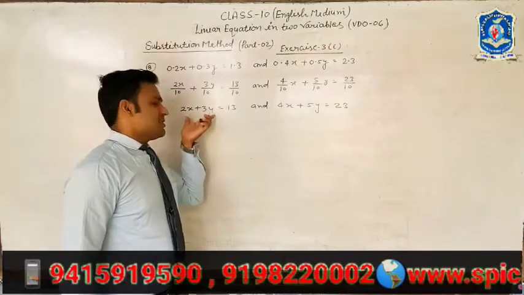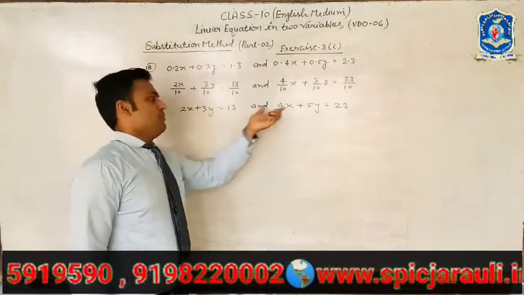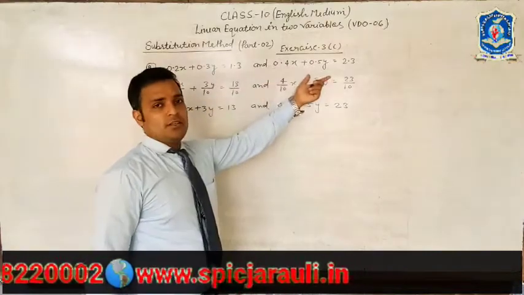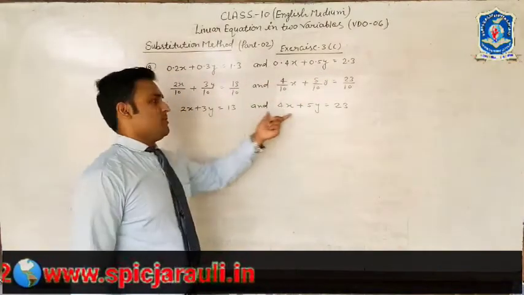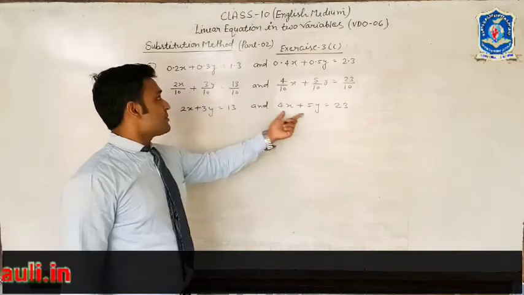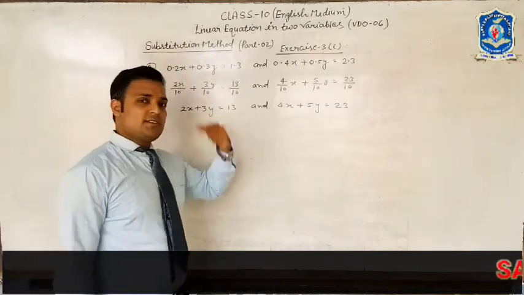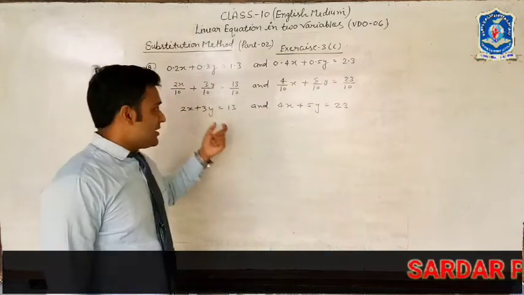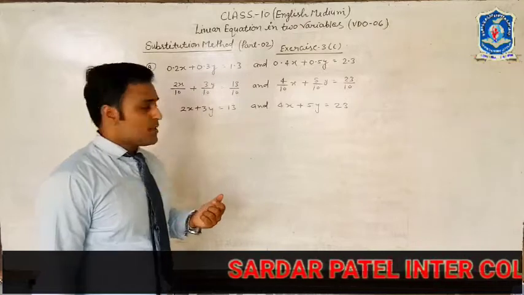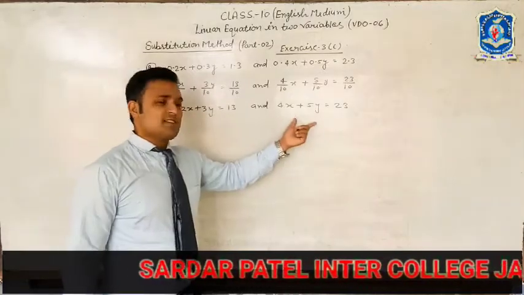This is the simplest form. This was the decimal form of the equation and this was the simplest form of the equation. Any problem? The method of substitution is the same as I have told you in part 1. So you can solve these equations very easily.